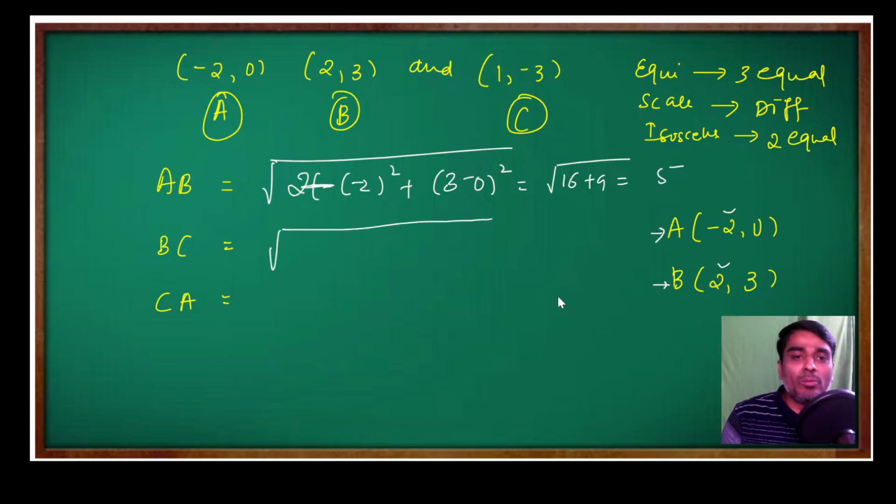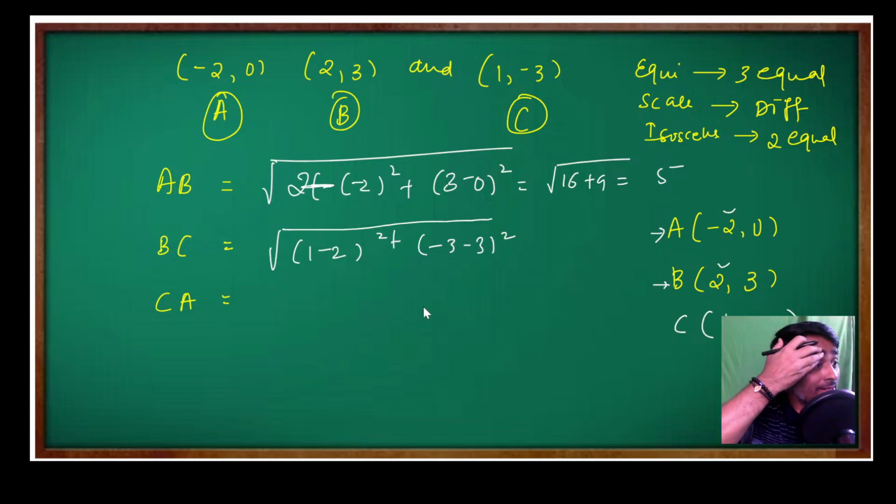One below the other. Now BC we want, right? B I have written already here, C I will write 1 comma minus 3. Now I will simply write 1 minus 2 whole square plus minus 3 whole square. Very simple.